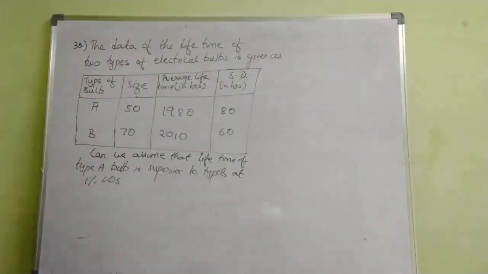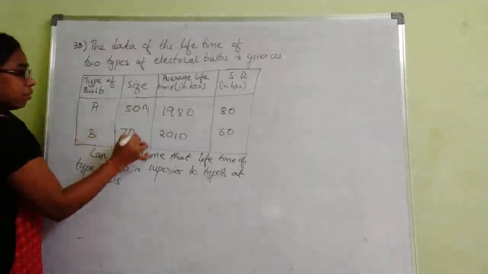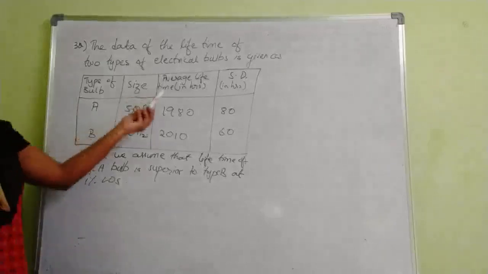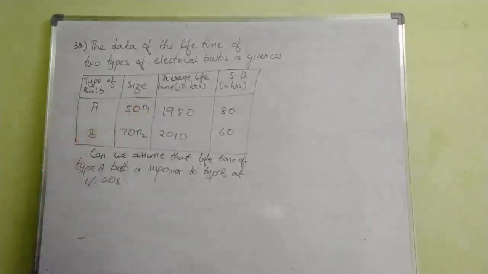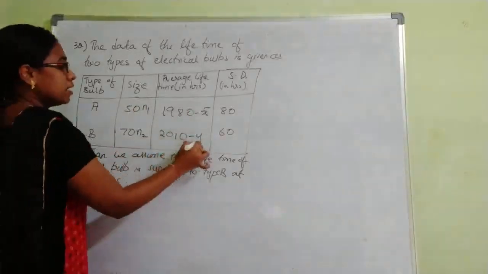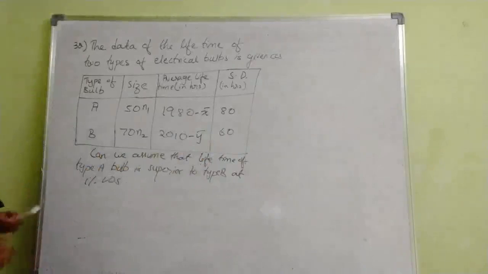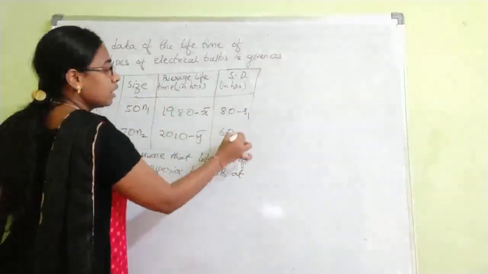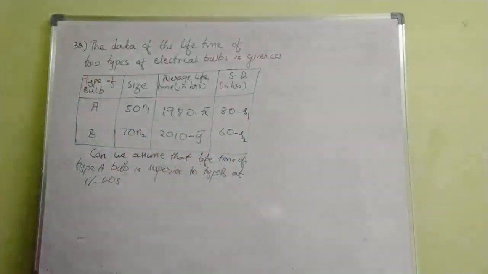What are the given values in the question? The sample sizes are given, this is N1 value, this is N2 value, and average lifetime is given. Average means sample means, so this is X bar and this is Y bar value. And standard deviations are also given, this is S1, this is S2. So can we conclude that lifetime of type A is superior to type B?